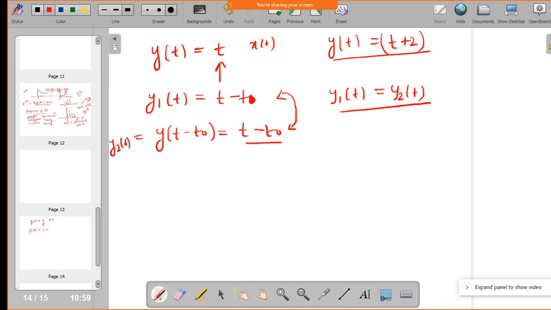If you take an example for a time variant system, I can take y of n equal to something like n square plus n.